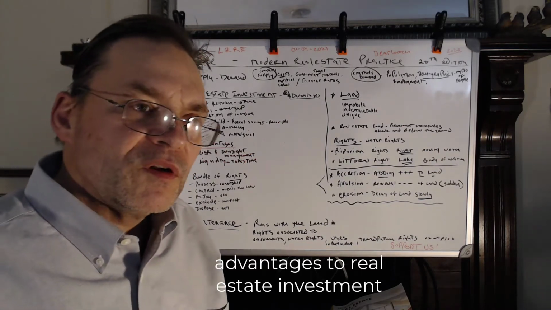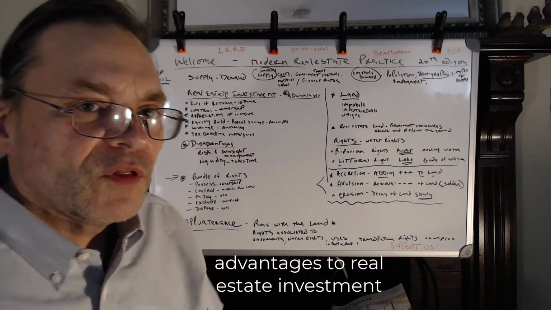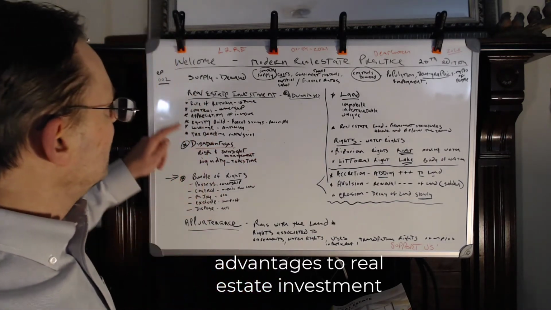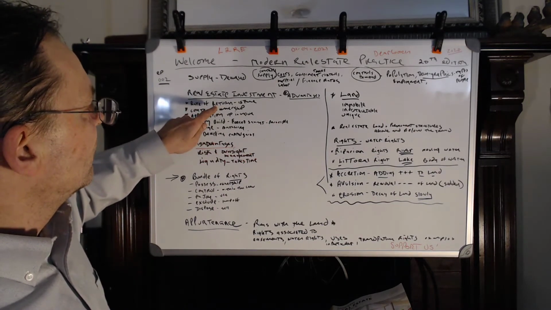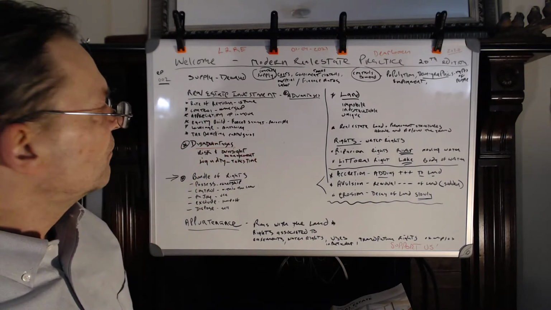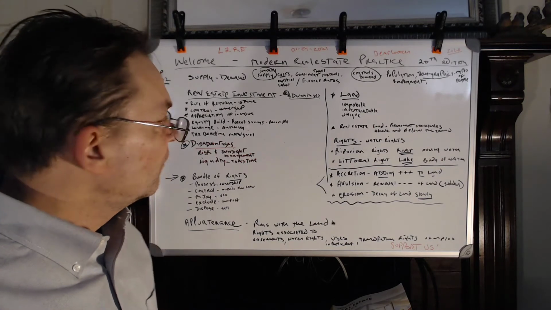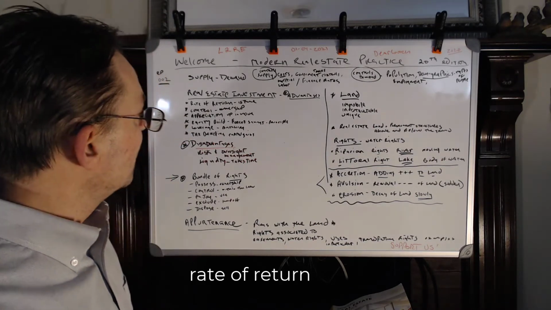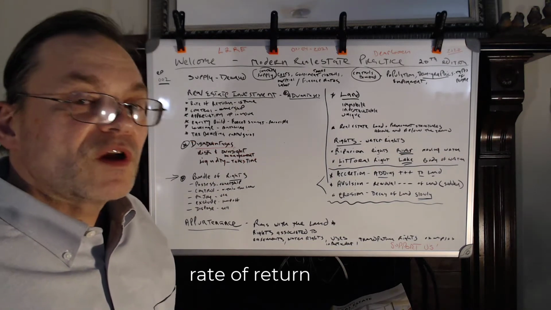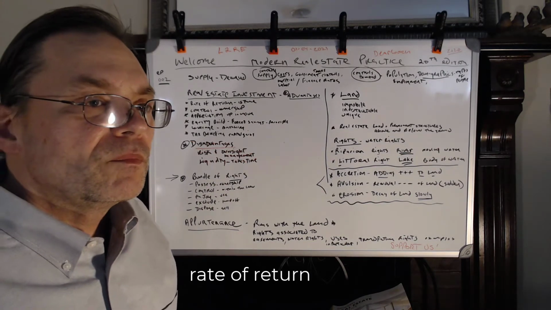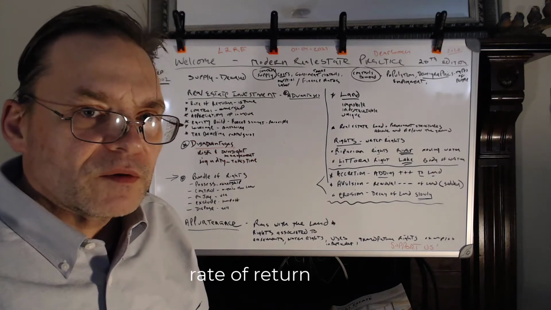But there are differences between real estate and stock, and I'm going to go over those with you. So with real estate, we have a rate of return, which is pretty steady and secure. With real estate investment, it's almost a guaranteed rate of return, whereas with stocks, you're not guaranteed that.